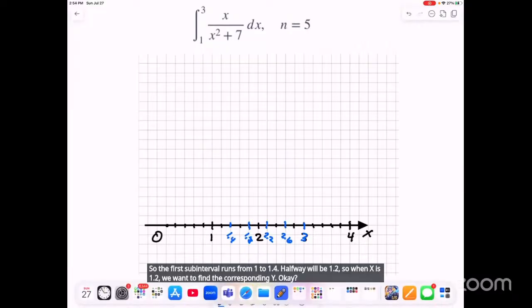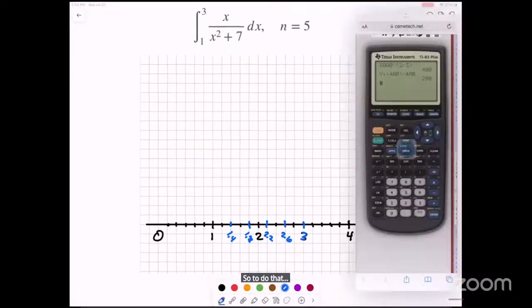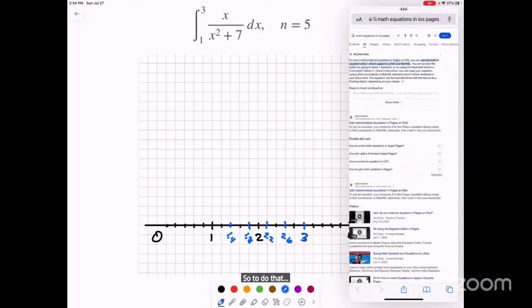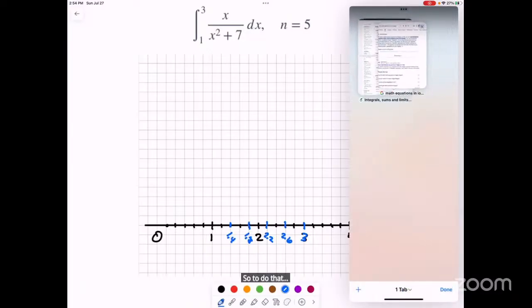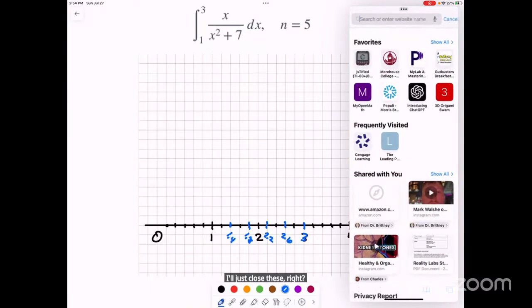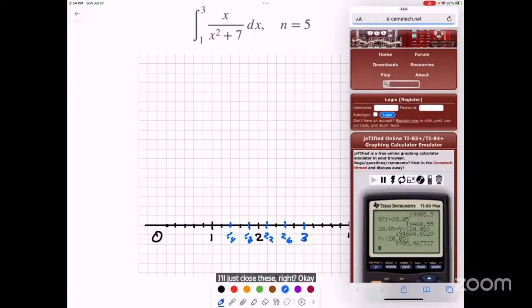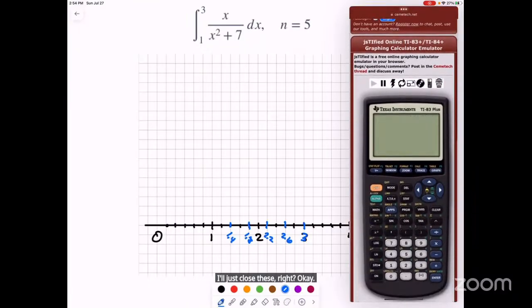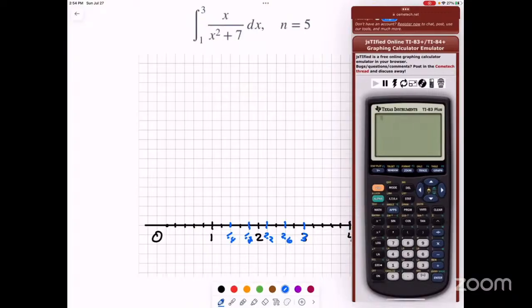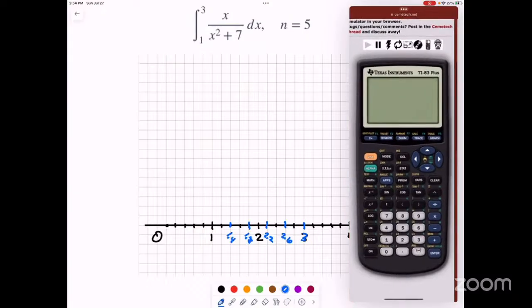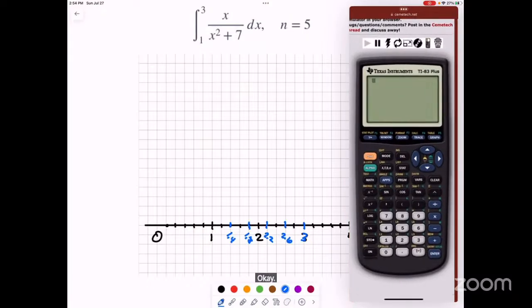Okay? So to do that, I'll just close these out. Okay. So I'm going to go to my y equals, let me see, we got x divided by x squared plus 7. Okay. Go back home.